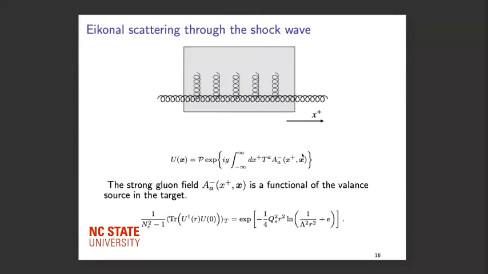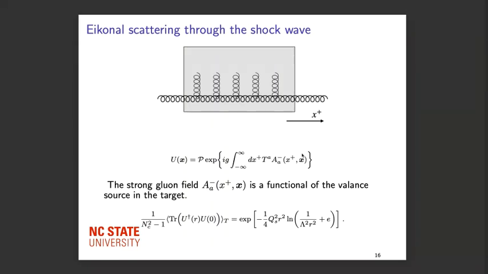Now, after you create two gluons from the system, they will go through the shock wave, which is our model for the nucleus. They will pick up a phase factor, but there's no recoil because the scattering is eikonal. In our calculation, I want to mention that the strong field is a functional of the valence source in the target.